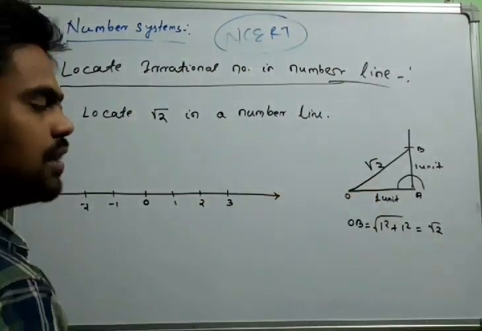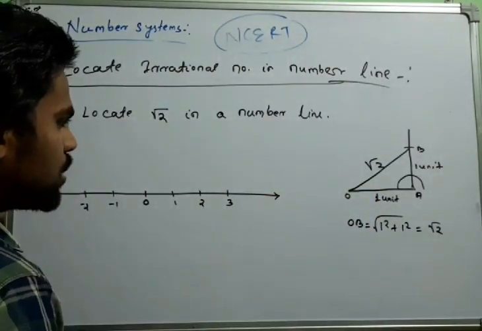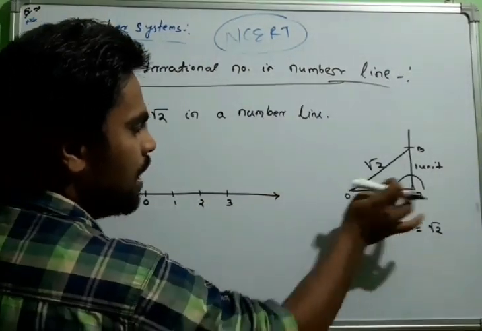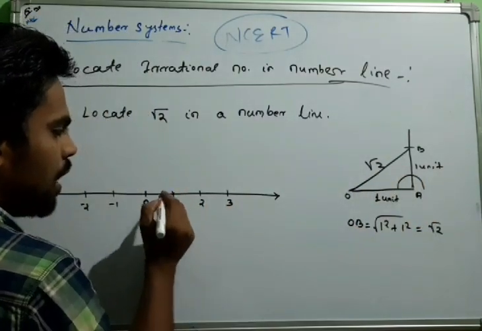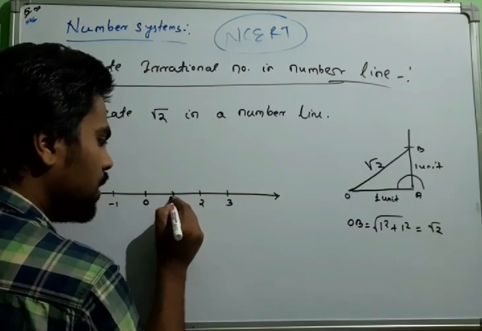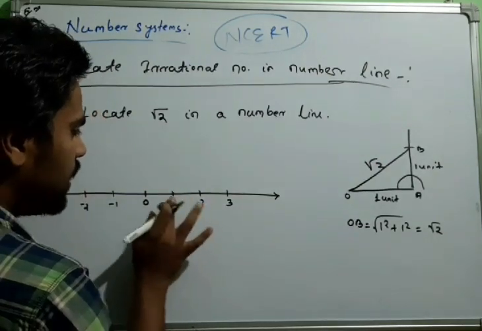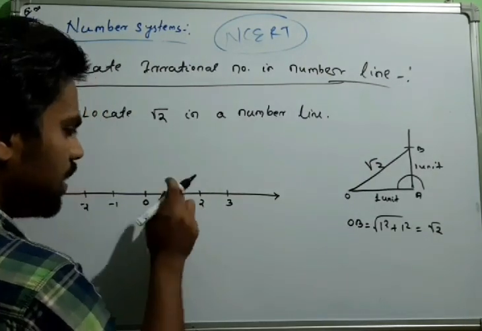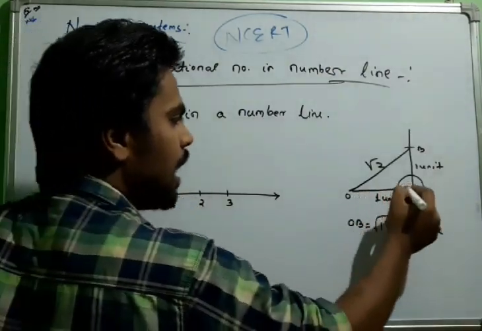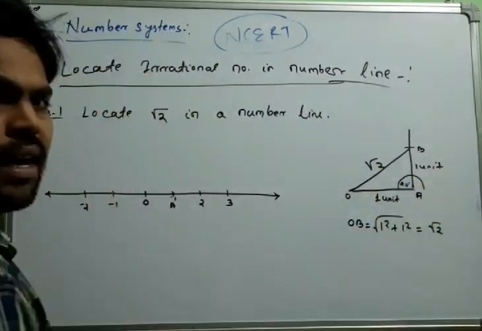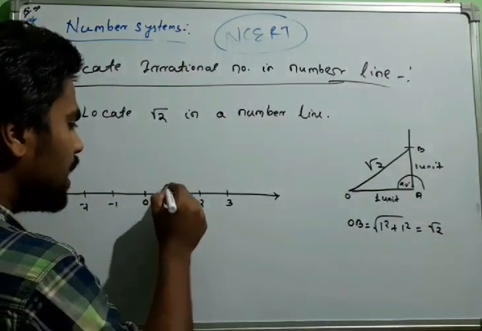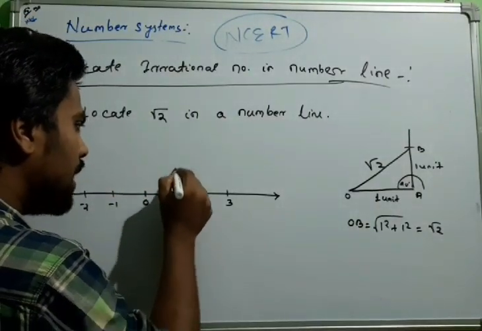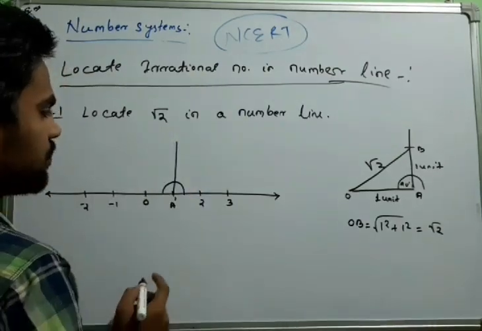First, you have to write down OA. Take 1 unit from O, and at point A, I am writing here, this is 1, this is A. From point A, I will make a 90 degree angle with the help of a compass or protractor, and extend the line like this.